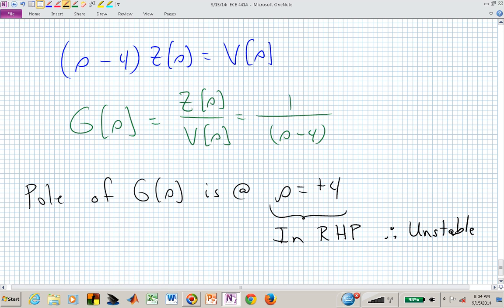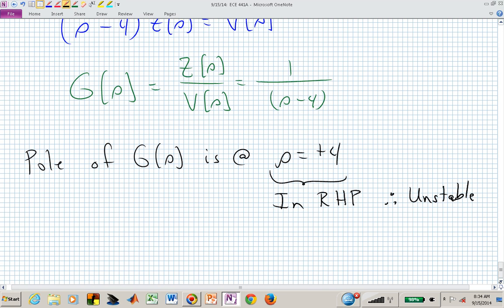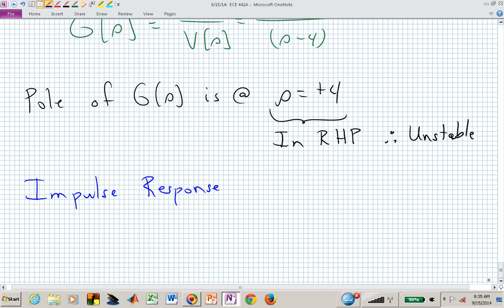If we looked at the impulse response of that system, just to convince yourself that it isn't stable, the impulse response says, hit that system with an impulse and see what happens. Basically, energize the energy storage elements in that system and see how it relaxes, or what happens when you hit it with an impulse.